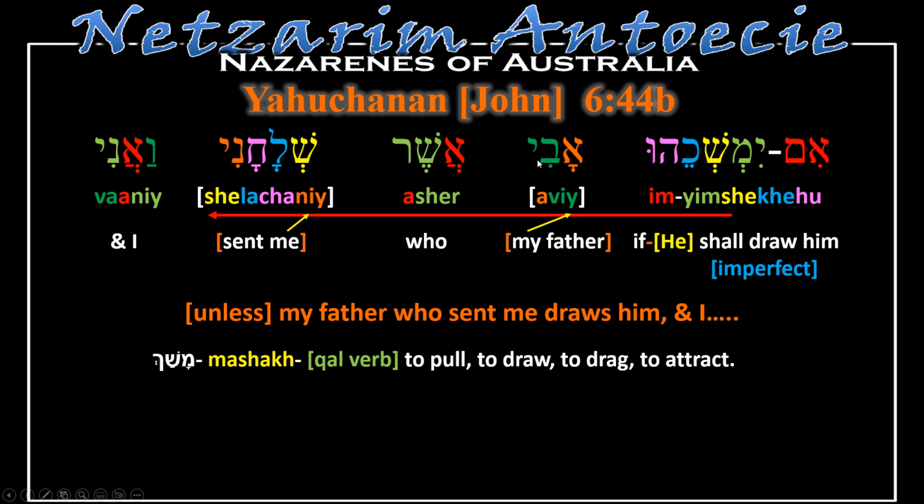Again, the ending tells us my father. Asher, who, because asher can be who, that, which, whom. Shelachani, sent me. Now we know that shalach means to send, and ni at the end means me. Va'ani, and I. So the translation, unless my Father who sent me draws him, and I.